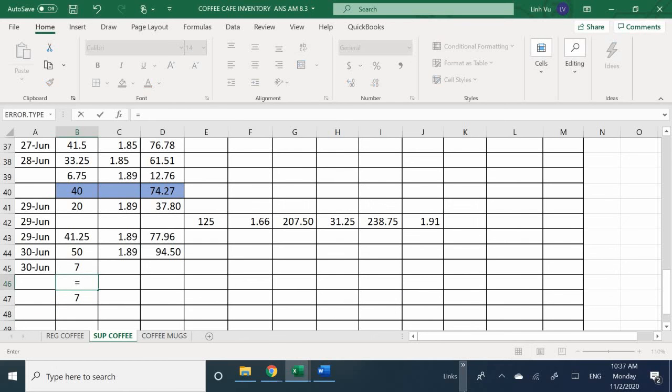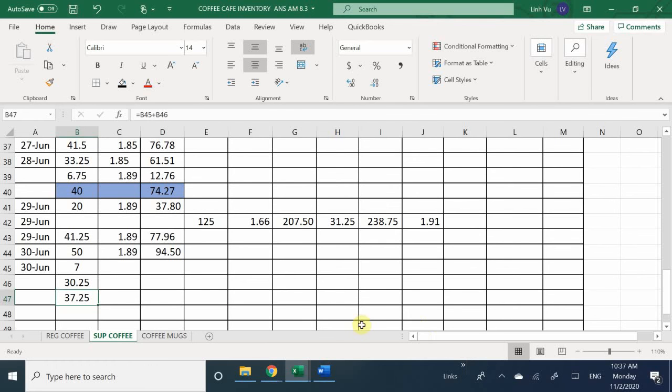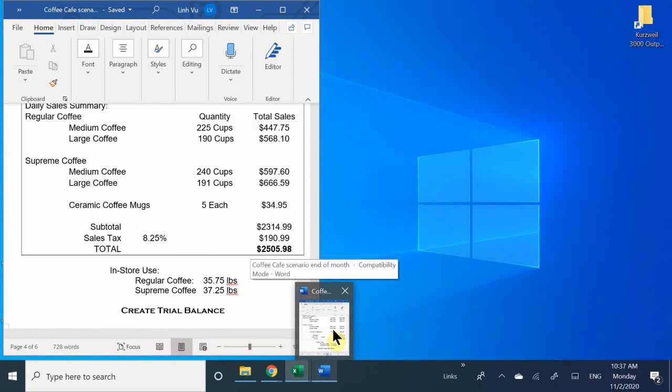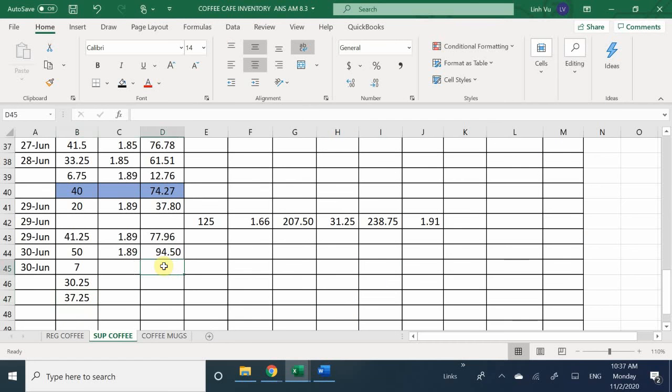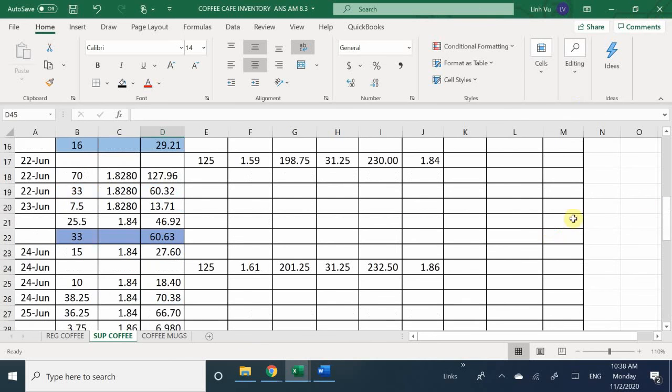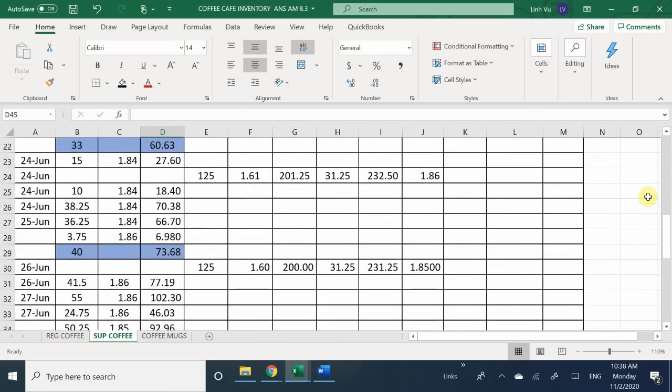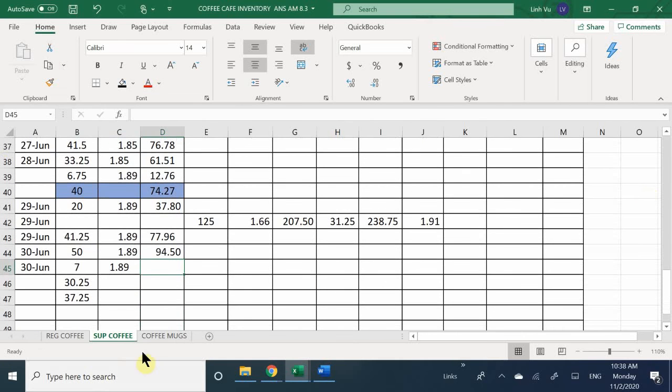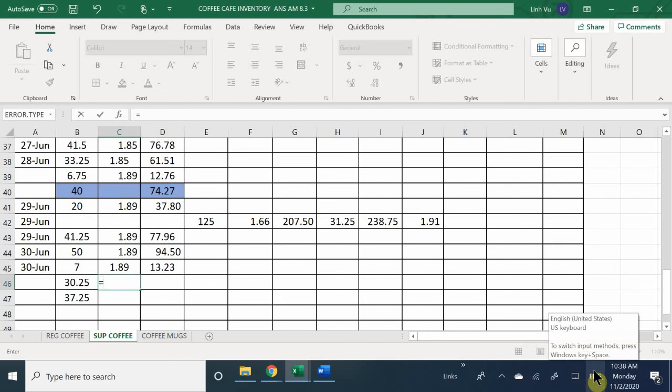It took me 30.25 to make it 37.25. So from the 1.89, we know we have to take that whole amount, and that whole amount is 13.23. So for our 30 and a quarter pounds, what is going to be my cost per item?